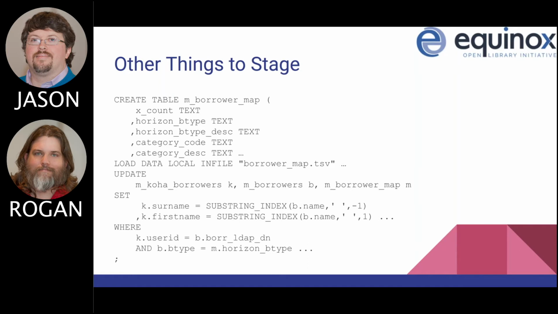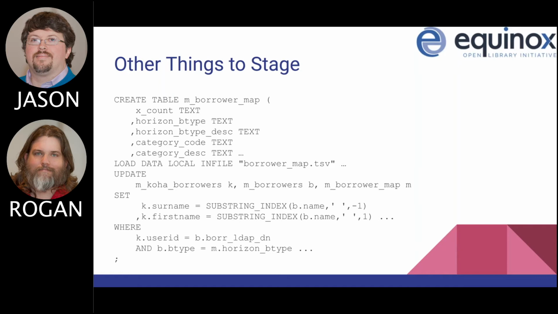You might have a smaller set or totally different set of shelving locations that you want to map into than what was on your legacy system. And once you have that mapping, you can stage it, and then you can do table joins and do your manipulations that way.